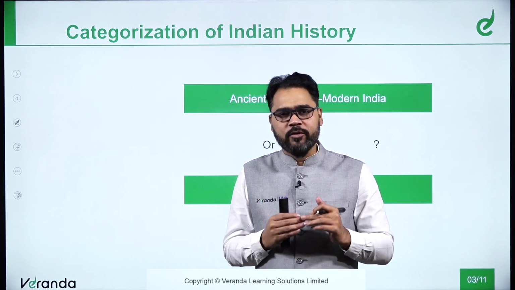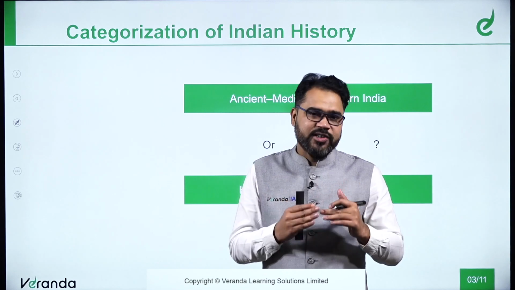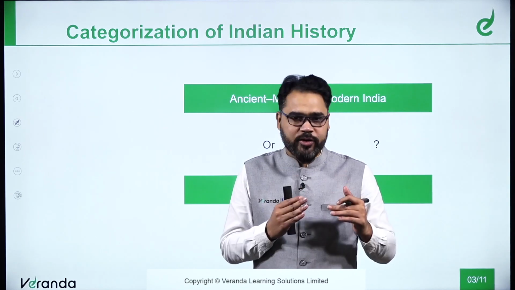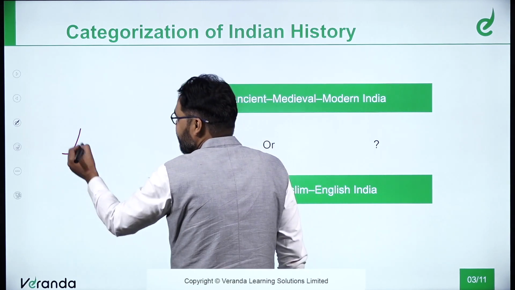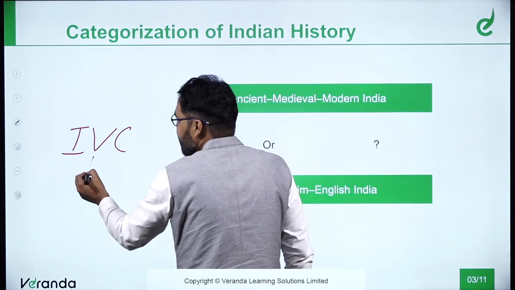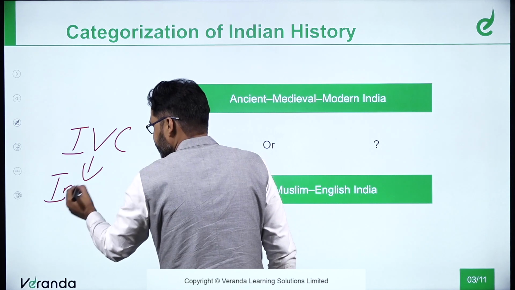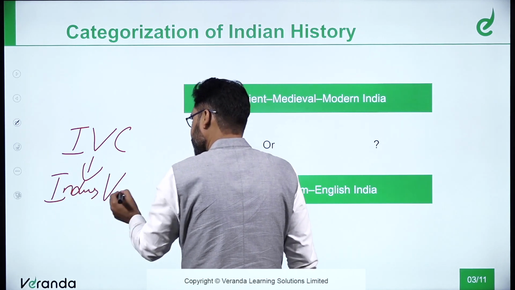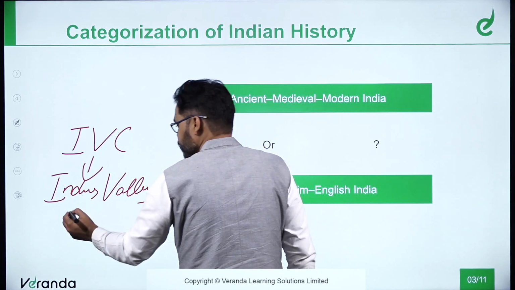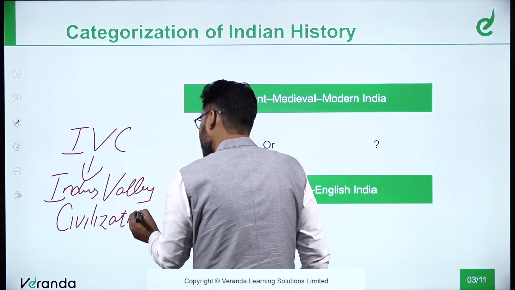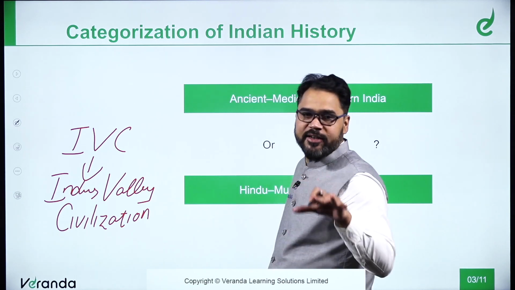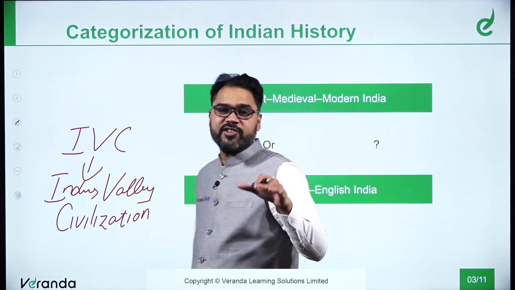And even before ancient history starts, you can start with prehistoric, or you can also start with the IVC, that is the Indus Valley Civilization. From there, you can understand how civilization got started.